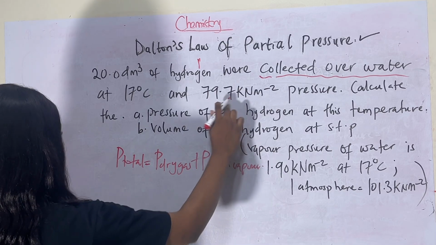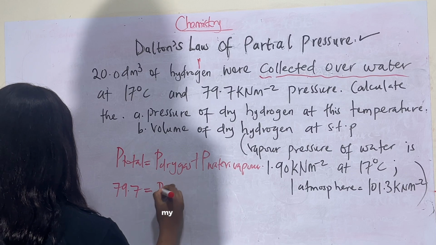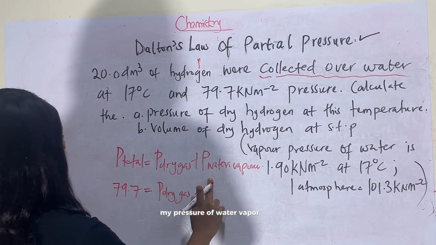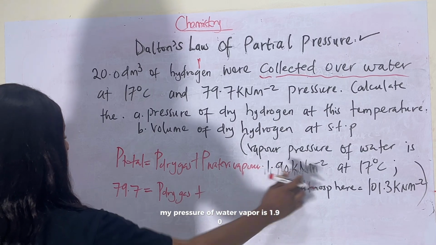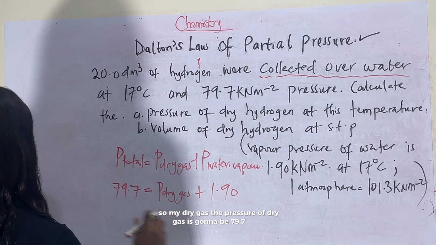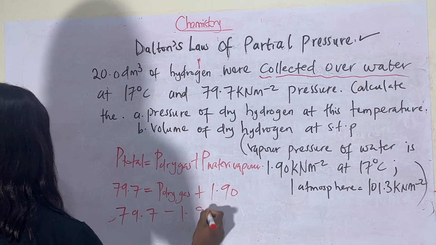Okay, so my total pressure here is 79.7. The pressure of dry gas is what I want to look for. My pressure of water vapor is 1.90. So the pressure of dry gas is going to be 79.7 minus 1.90.